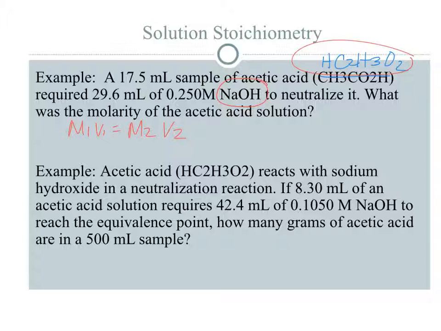So I've got 17.5 mils of acetic acid, and we don't know the molarity here, but I do know that I've got 0.25 molar NaOH and 29.6 mils. So this is a simple plug and chug, and I'm going to get 0.42 molar acetic acid.